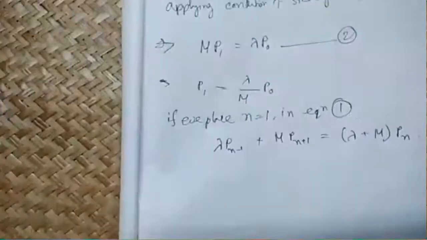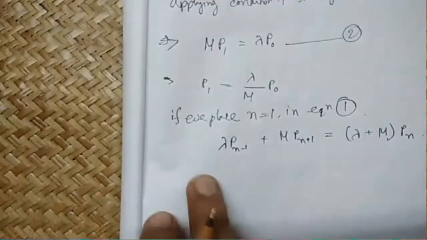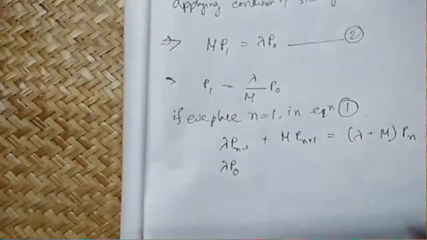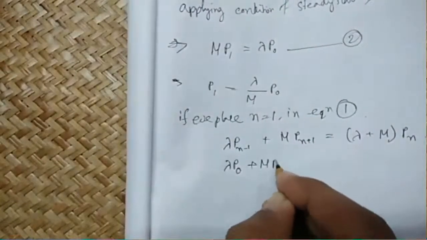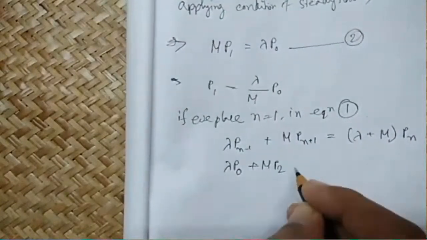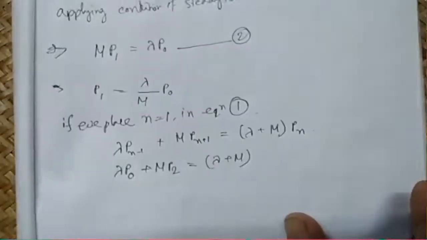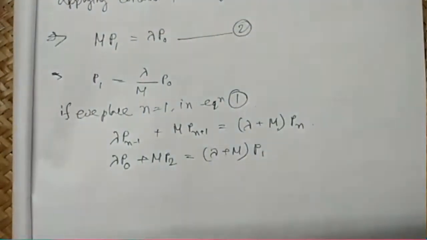Okay, this was equation 1. Now we'll put n is equal to 1. So if we put n is equal to 1, what we get? Lambda P naught plus mu into P2 is equal to lambda plus mu into P1.